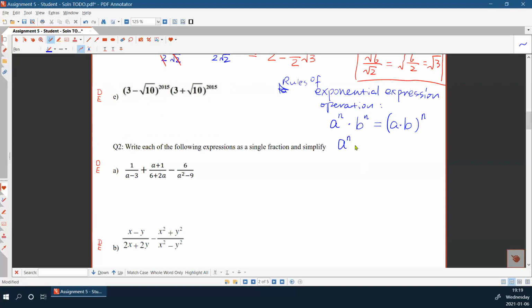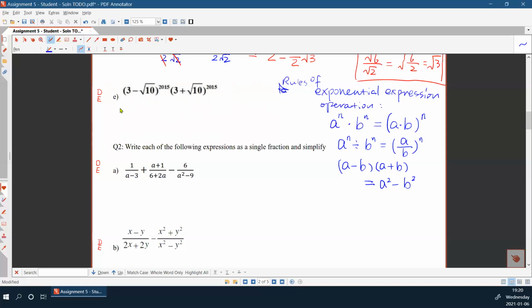Also, we have this one, right? And also, it checks this formula, a minus b times a plus b equals a squared minus b squared, right?